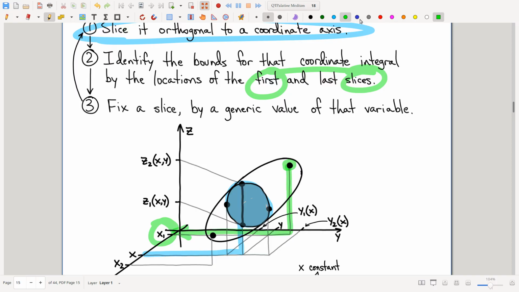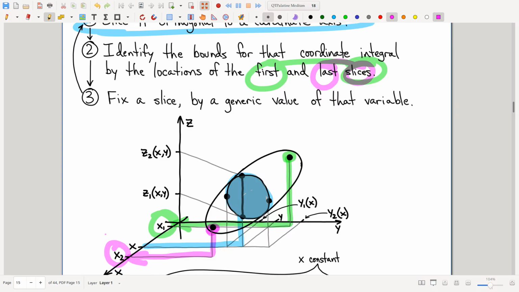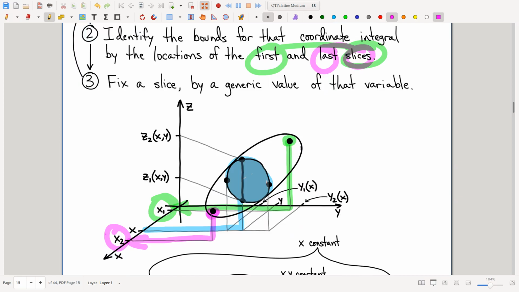And then our very last slice, let's see here, I'll do this in purple. Our last slice, well, again, you got to rely on the picture here. I'm thinking about these x slices perpendicular to the x-axis. The very last one is going to be at whatever this frontmost point is. And that will give us our x2. This is just one dimension higher, but totally analogous to what we did with double integrals. Everybody see that?